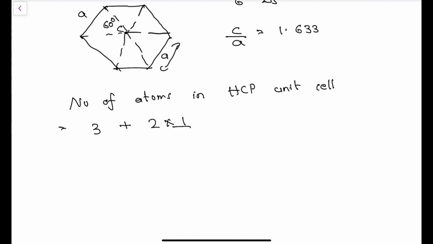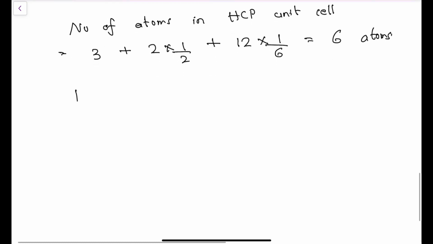So 2 into half plus 3 plus 2 into half. Then you have 12 atoms which are shared by 6 unit cells. So 12 into 1 by 6, that is equal to 2. So 4 and 2, there are totally 6 atoms in a HCP structure.